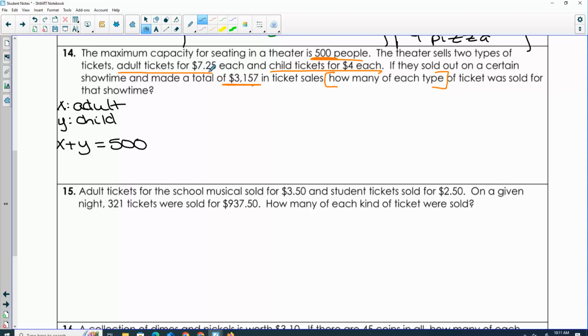So the adult tickets are $7.25. So adult is my X, cost is $7.25, so 7.25X. Child tickets are 4. So 4 is my Y. So that would be 4Y. This is our cost. So the total cost was $3,157.